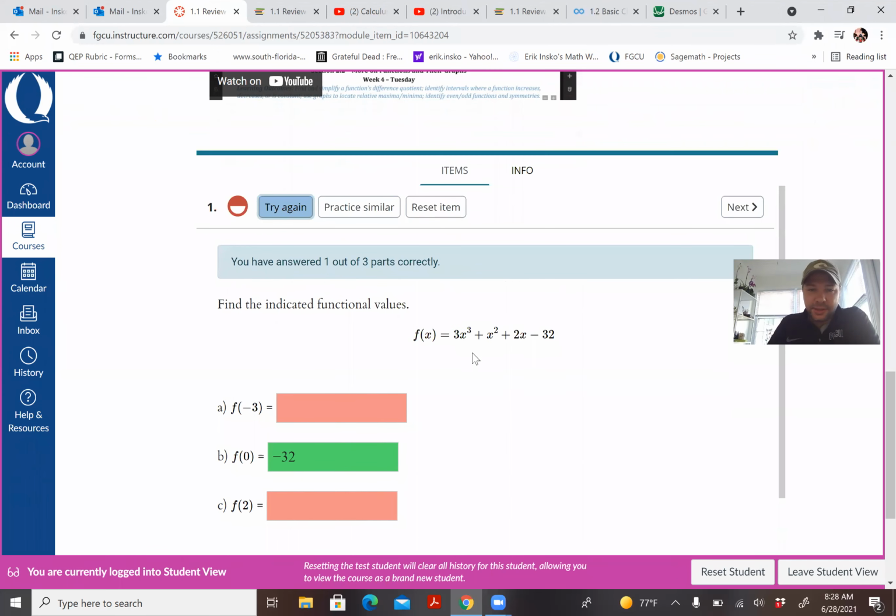Okay, so then the next one, 3 times, what is that, negative 3 cubed. So negative 3 cubed would be negative 27. 3 times negative 27 is 81. So I know that first part is 81 plus, and then I would have negative 3 squared. Negative 3 squared is the same as 3 squared, so that's 9. So it's 81 plus 9 is 90 plus 2 times negative 3.